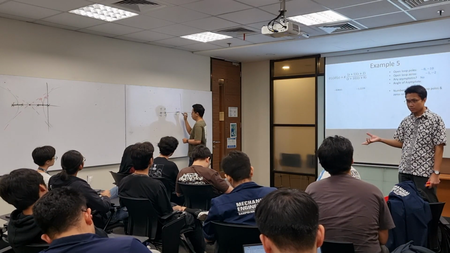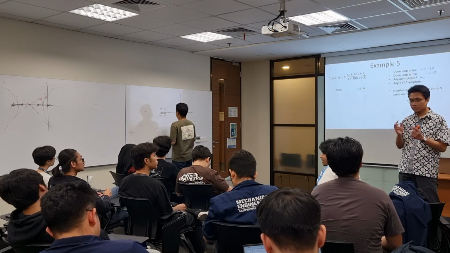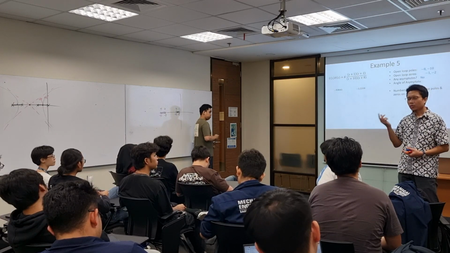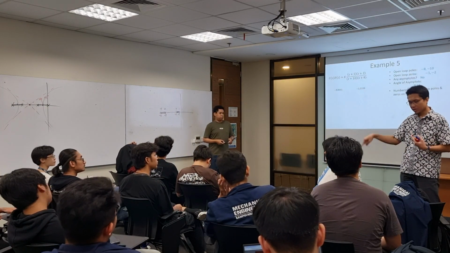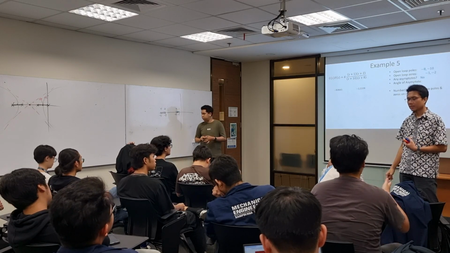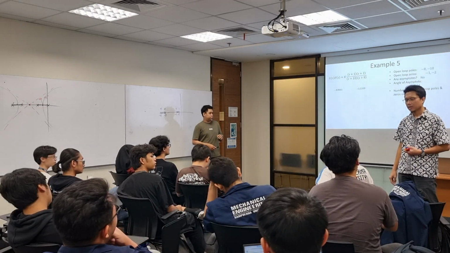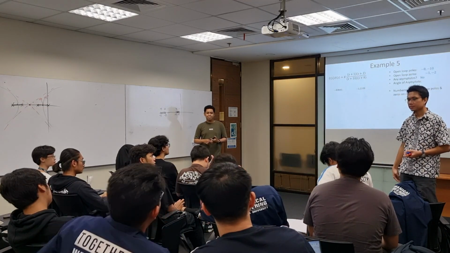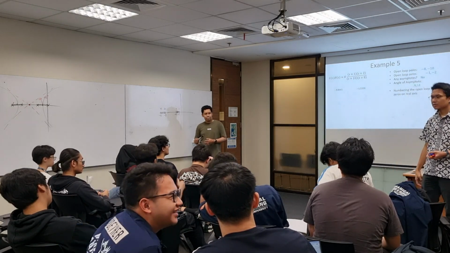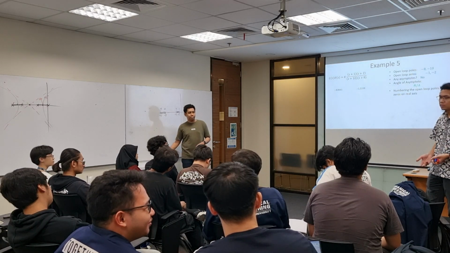If you have a zero, then the zero is the location of your closed loop poles. When you increase your k very large, the poles will approach the zero. If you set your gain very high, it will approach zero. So that's the terminal behavior of your closed loop pole.